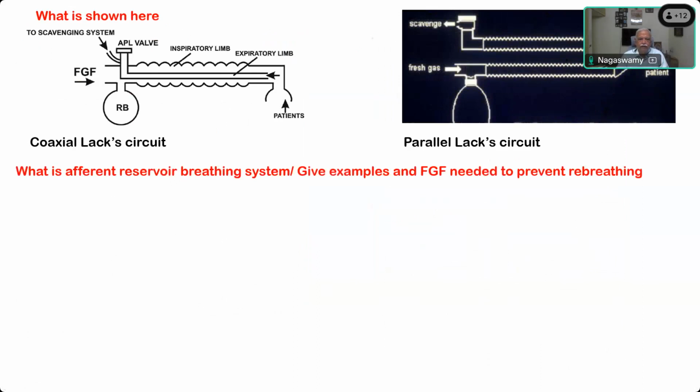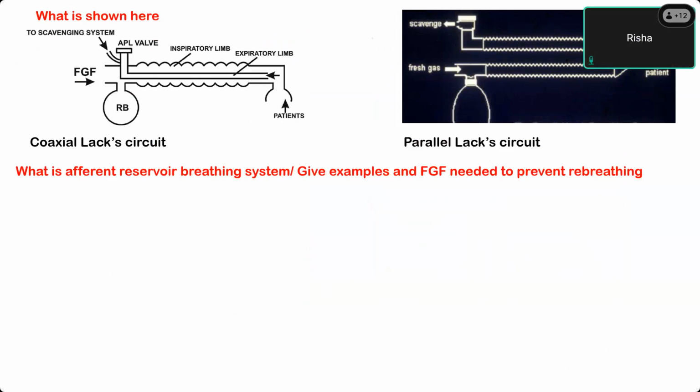So what is an afferent reservoir breathing system? Give examples and the fresh gas flow needed to prevent rebreathing. When will you call something afferent and efferent?